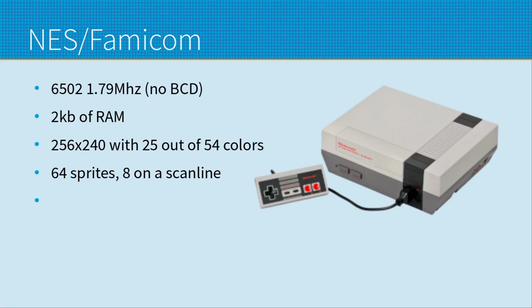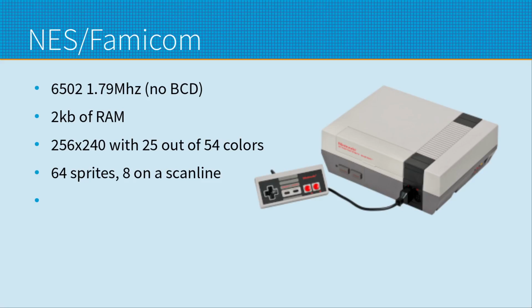This is very small, but you have to remember that you can't execute code from ROM, and you can expand on that through cartridges with the MMC3 chip, which has its own onboard memory. The resolution is 256 by 240. For NTSC it is 224 for the height, with 25 out of 54 colors. And we also get 64 sprites, but only 8 on a single scan line.